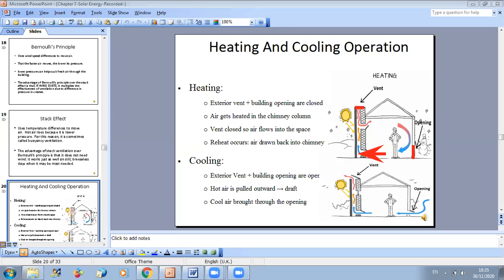We close the vent here because we don't want hot air to circulate back in the space. Since we don't want to heat the space, we want to cool it, we want to refresh the air. This is why the air that is heated through the chimney will be evacuated outside. And by this, as you can see, you have open currents that can circulate into my inside space, refreshing the air continuously.